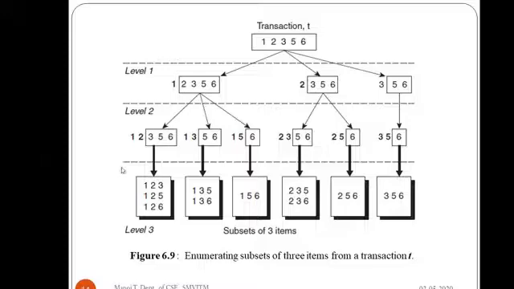Instead of comparing this transaction with all the candidate item sets, you enumerate the possible subsets of it, then compare and increment the support count. So this is one way we can do the support counting in the a priori algorithm. This brings us to the end of the lecture on support counting for the a priori algorithm. Thank you.